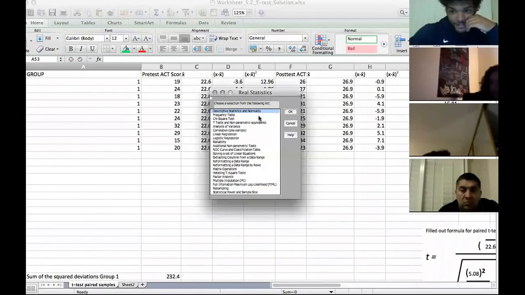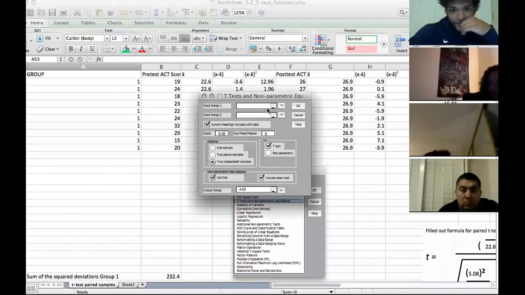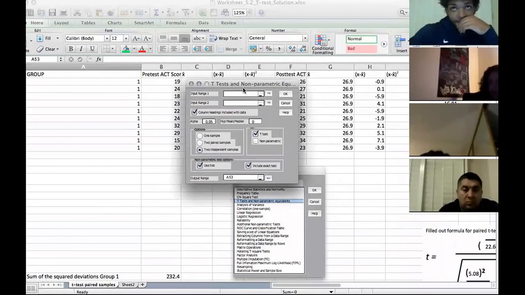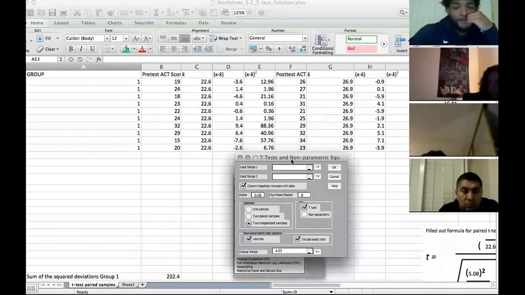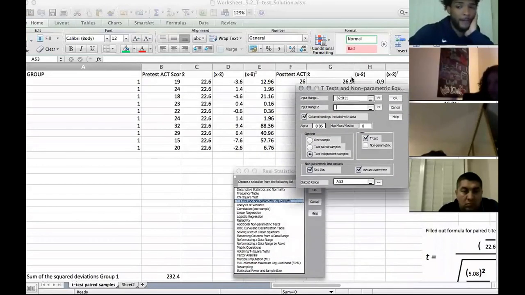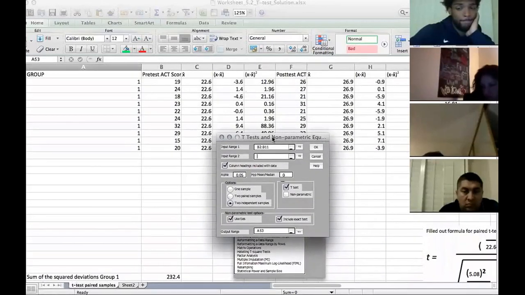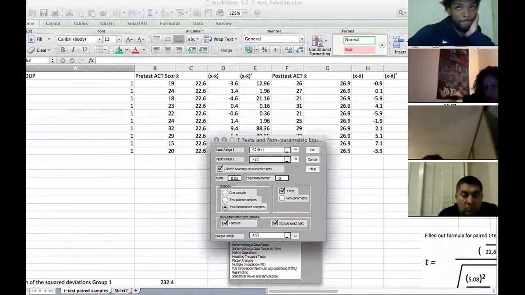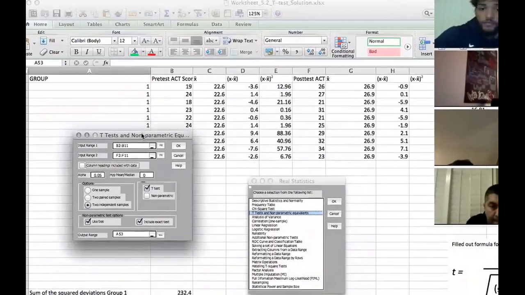Did you guys see what I'm doing? I want to say the first group over here, B2 through B11, so I'm going to type them in. Then the second group is over here, F2 through F11. Then I don't want the column headings.